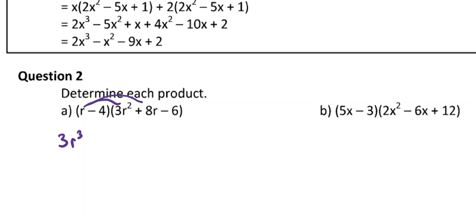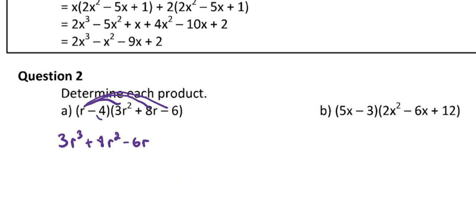So r times 8r would be positive 8, and then r times r is r squared. All right, and then move on to the next one. R times -6 is just -6r. All right, so we did all the top part of the rainbow there, if you like. So now we just got to move on to the next one.